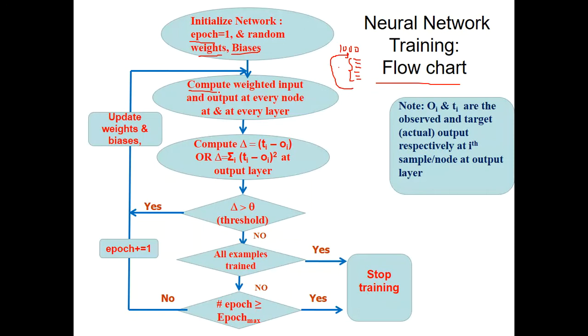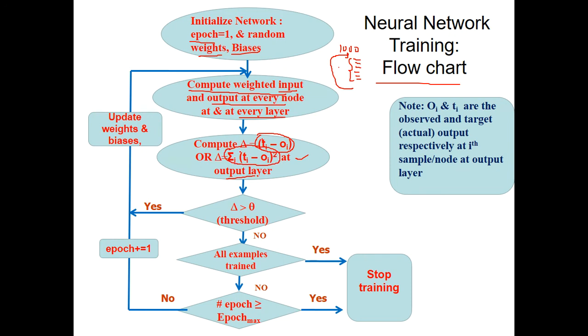Now you compute weighted inputs and output at every node and at every layer. Coming to the output layer, if you are using perceptron rule, then you compute simply the difference between target and observed output. If you have delta learning, then you compute the square sum of difference between target and observed output.